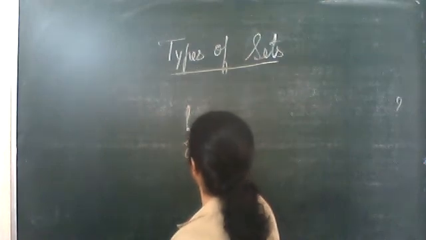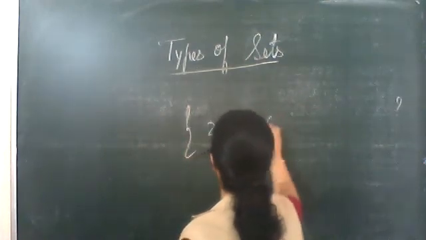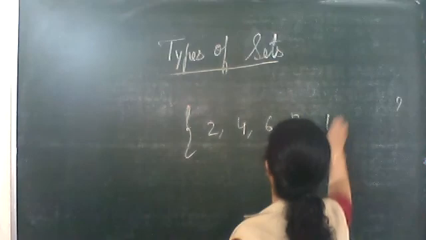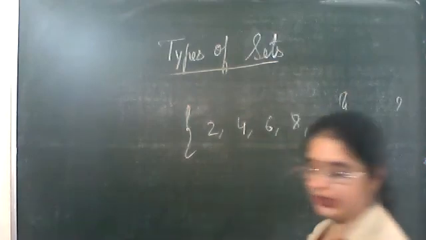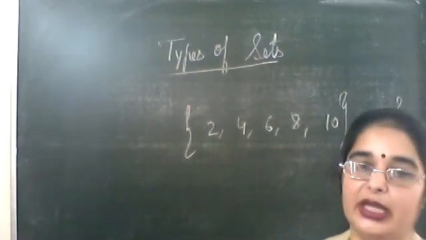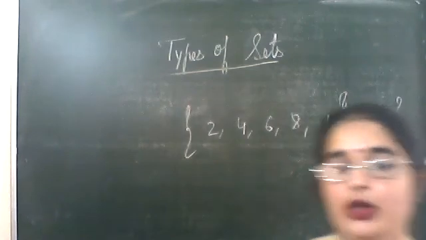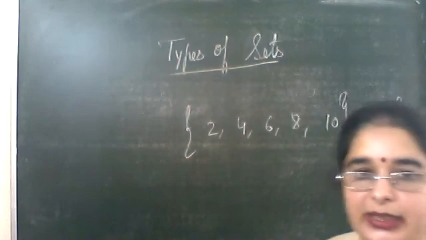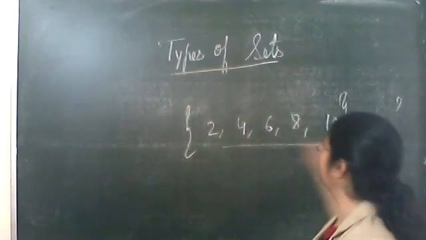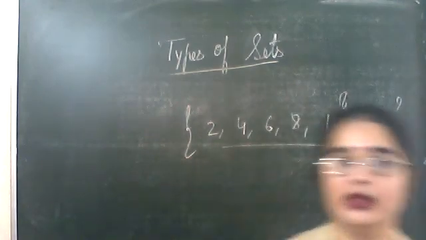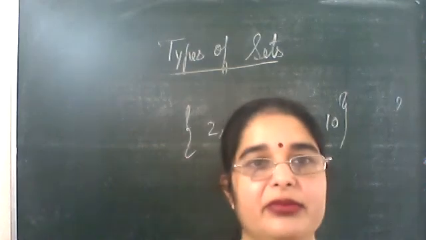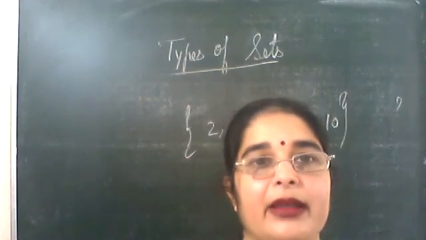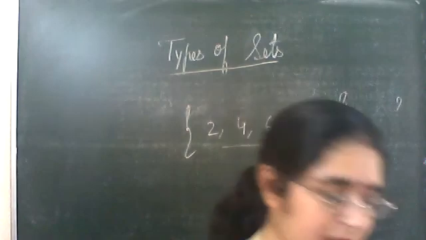Positive means 2, 4, 6, 8, 10. These are the elements. Positive integer and their X is less than equal to 10. Clear? So we can say this and the first set are the same. Are they same? Shreya Pancholi? Yes, very good.